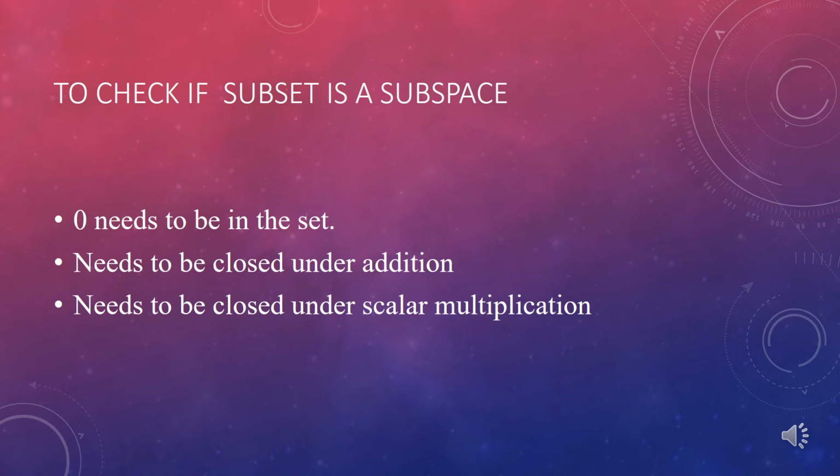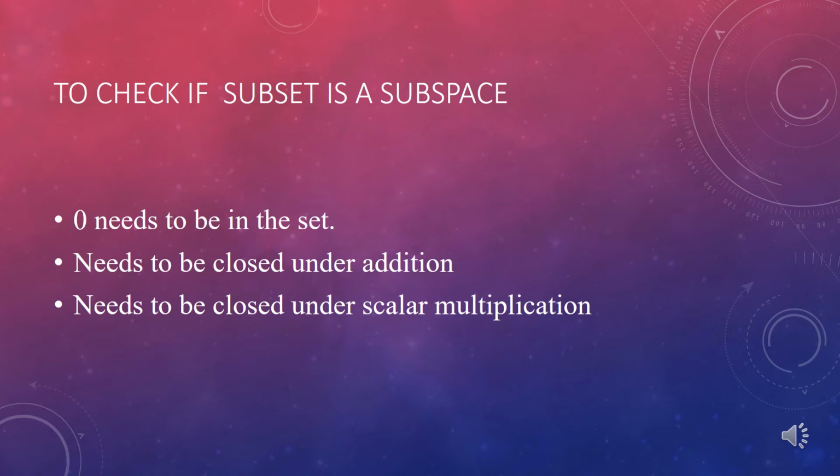Now, a subspace of a vector space is a subset. So imagine a vector space, and then you're taking a part of that space. It's defined to be a subspace if your subset contains the 0, and if your subset is closed under addition and closed under scalar multiplication.